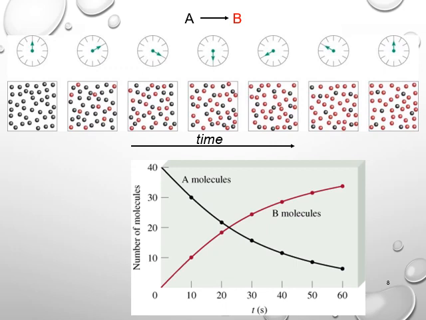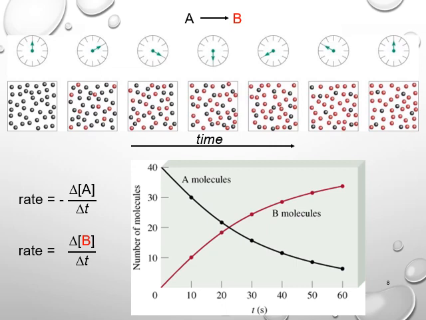Thus, for the reaction A to form B, we can express the rate as rate equals to negative sign of delta [A] divided by delta t, or rate equals to delta [B] over delta t, where delta A and delta B are the changes in concentration molarity over a time period delta t.